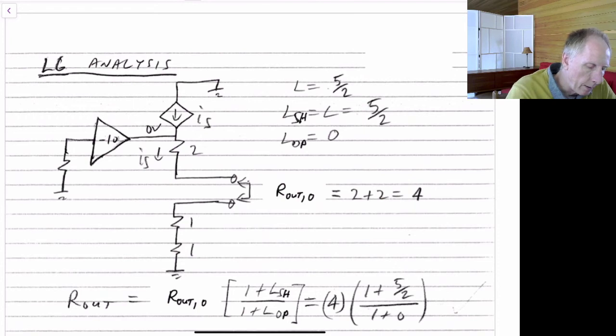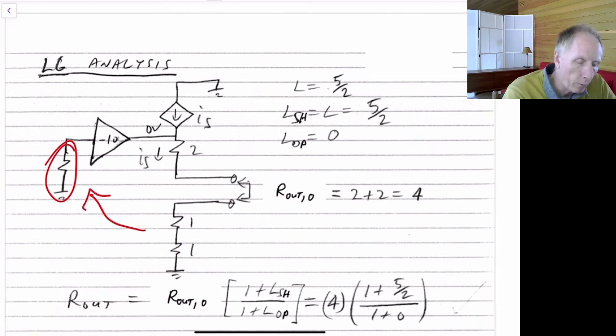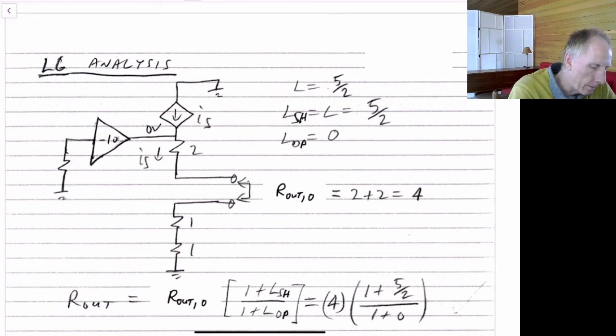And remember, because we're breaking the loop here, this is now just connected to ground. There's no connection between these two nodes because we've set L equal to 0. And so if this is just grounded here, there's no current flowing through it, so the voltage across this will be 0, and this will also then be 0 volts over here.